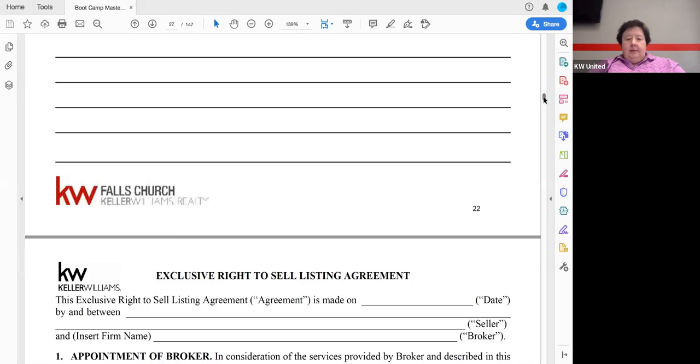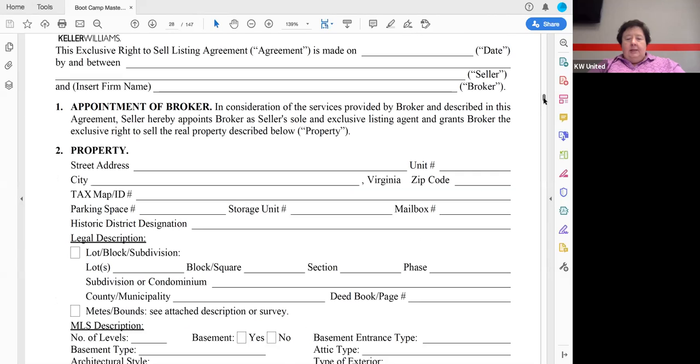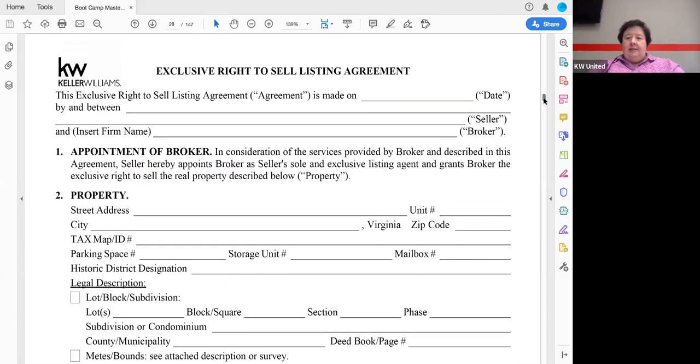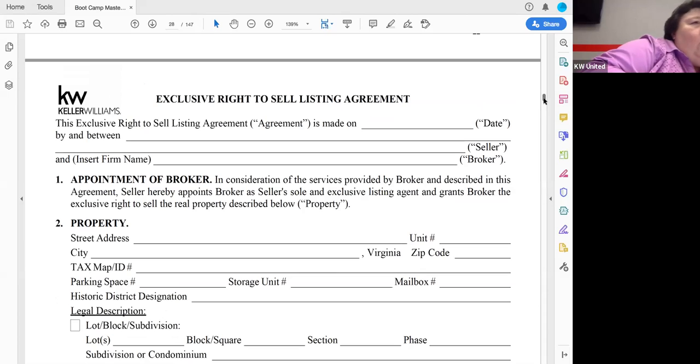All right. So some of these paragraphs are not going to be read because they're identical to the ones in the buyer's agreement, and others are not. Okay, the exclusive right to sell agreement. One of the confusing bits of language is when you see the word sell here, which is for the seller, but you're the listing agent.